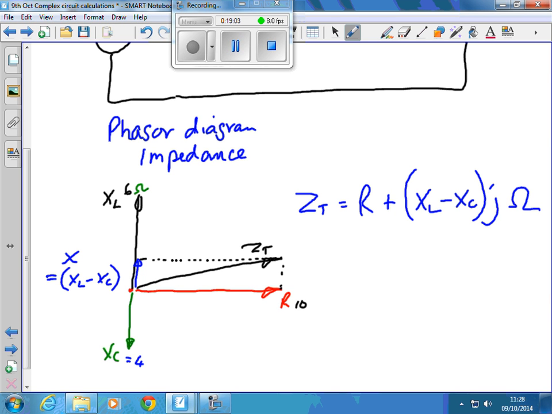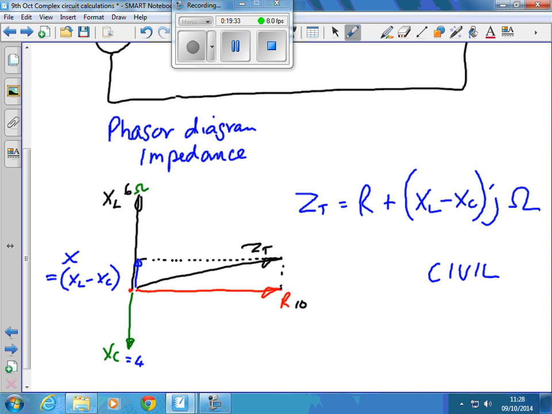What is this circuit? Is it overall inductive, or is it overall capacitive? Because XL is bigger than XC, this circuit will behave as though it is inductive in nature. So in terms of CIVIL, we would expect current overall in this circuit to lag the applied voltage.